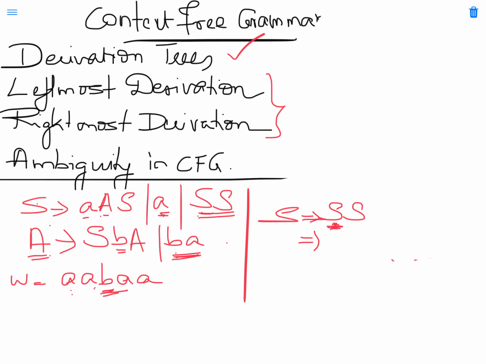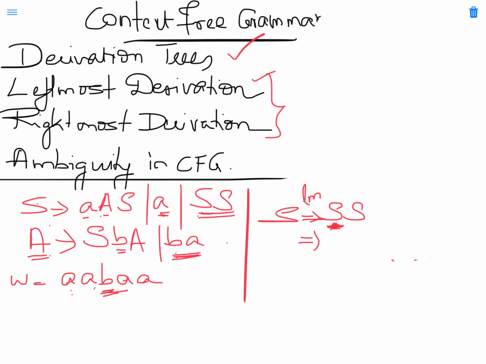If I choose the leftmost non-terminal throughout the process of derivation, that type of derivation is called a leftmost derivation. It is denoted by writing LM above the derivation symbol, to indicate that throughout the derivation you have taken only the leftmost non-terminal.